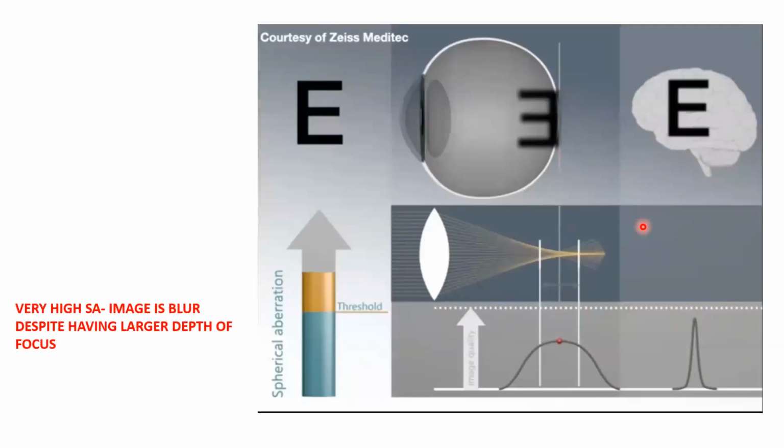So if we were to induce a very high spherical aberration, it is going to give us a great depth of focus, but the image formed on the retina itself in the first place is going to be very blurred, and hence we have to differentiate between a non-toxic spherical aberration and a toxic spherical aberration, or an acceptable value of spherical aberration versus an unacceptable value of spherical aberration.